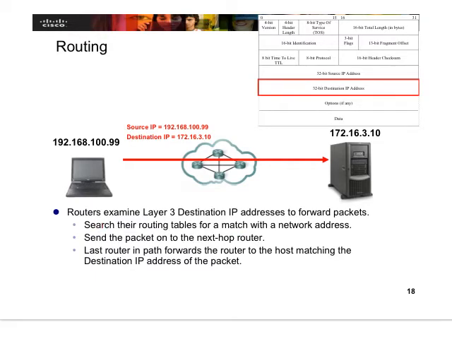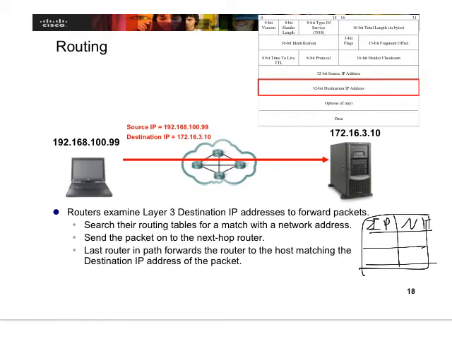by examining the destination IP address, we go and check the routing table. The routing table has more than 2 columns, of course, but just for simplification here, we have 2 things: an IP and a next hop, or next forwarding router.